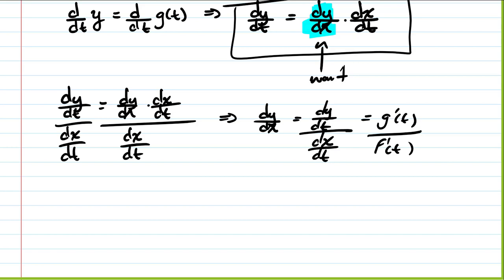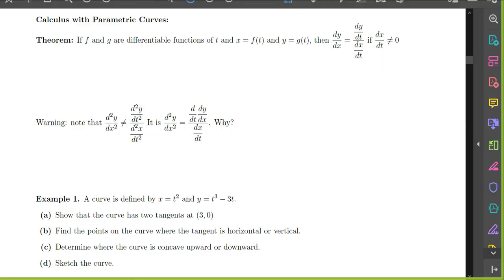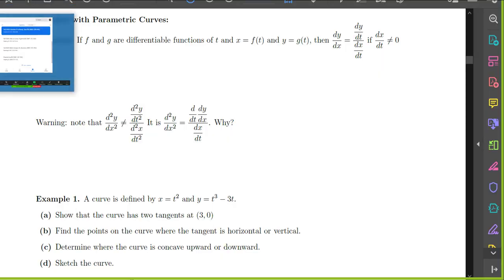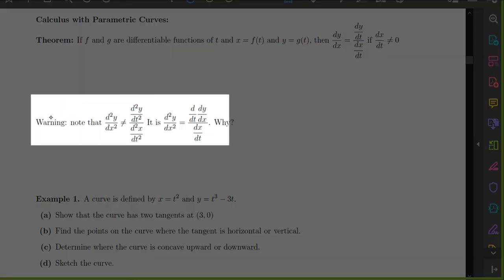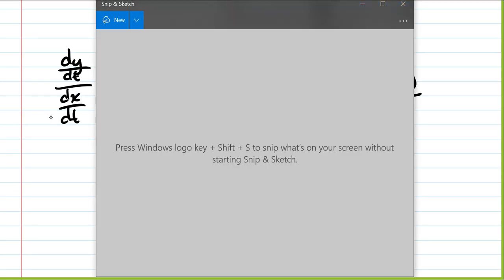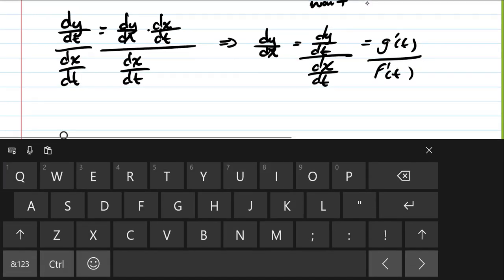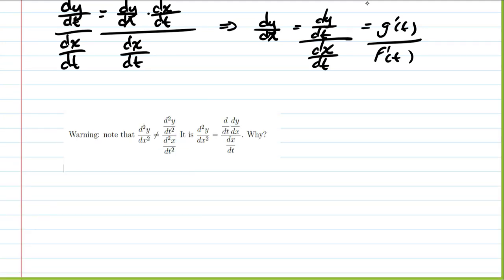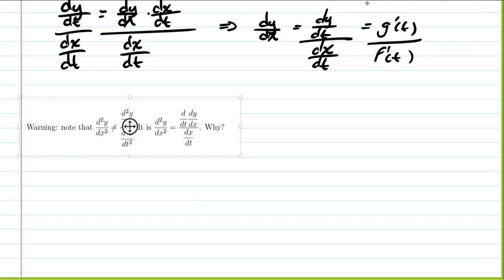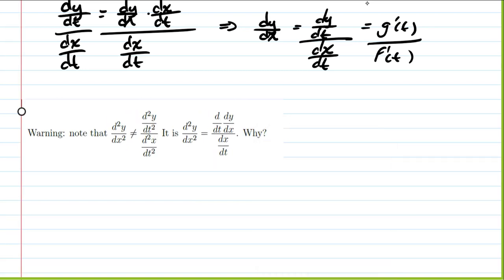So one thing we have to be careful with, and that is the warning that comes next, is that our second derivative is not going to be d2y/dt squared over d2x/dt squared.